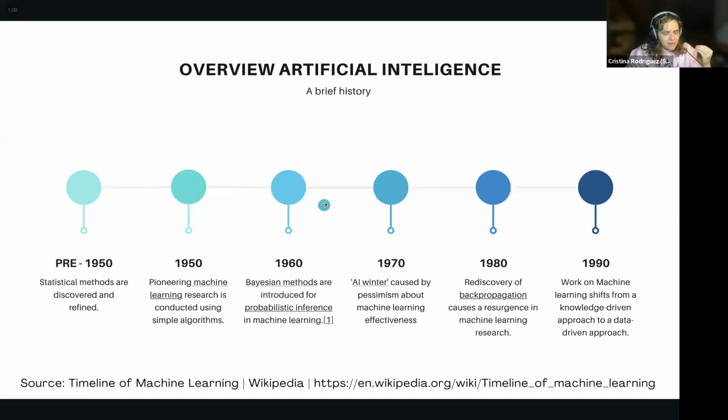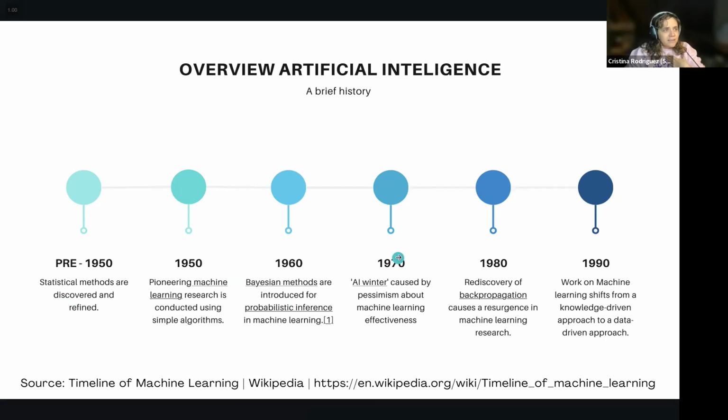It came from a long history of new challenges and new discoveries. You can search on Wikipedia for the timeline of machine learning, and you can see every single advance that allowed the machine learning process to move to the next level, starting with the idea of probabilistic inference, which is something that people in statistics will see.